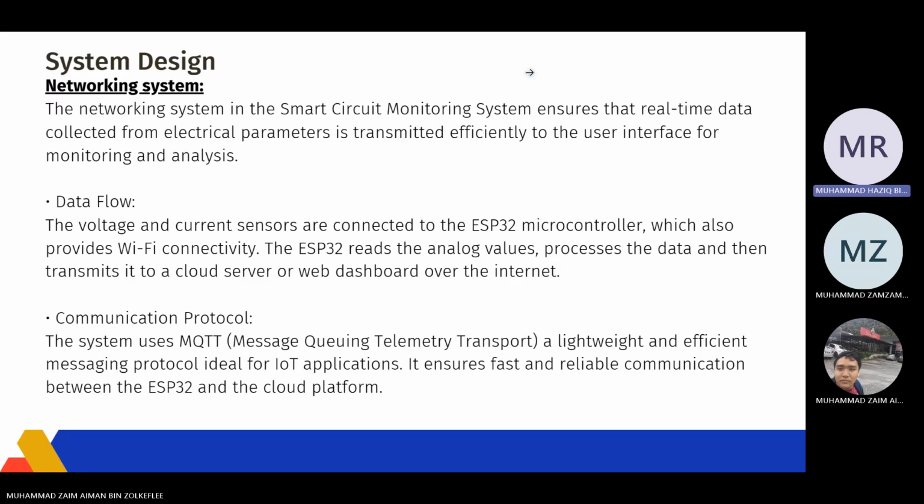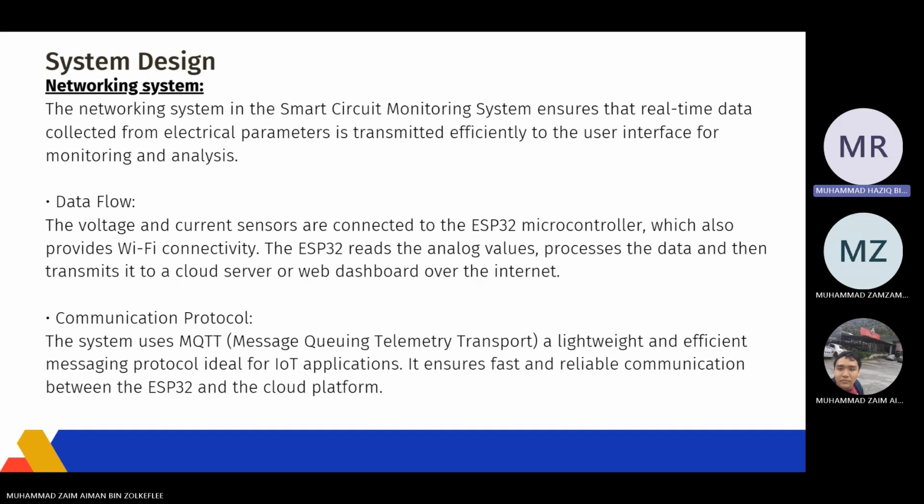So for the network system, what is the network system basically? The networking system in the smart circuit monitoring system ensures the real-time data collected from electrical parameters is transmitted efficiently to the user interface for monitoring and analysis. For the data flow, I will show next.